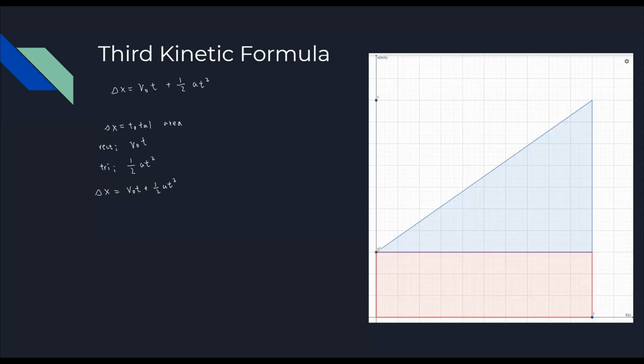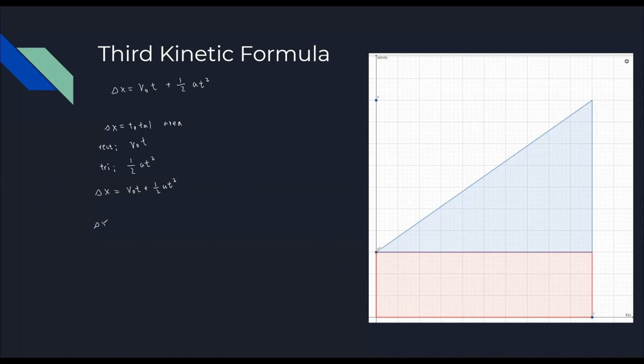Now we've done the geometric way, which is my favorite way of doing this. Then we are going to get started on plugging and chugging derivations. That can be found by plugging the first kinematic formula into the second kinematic formula.